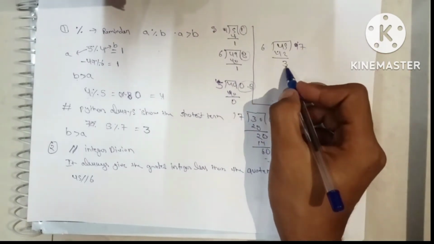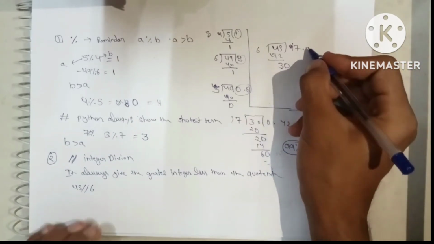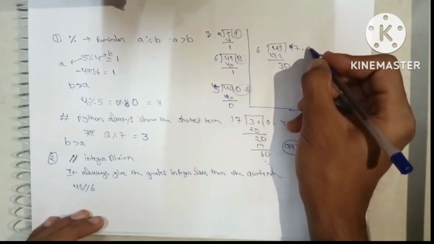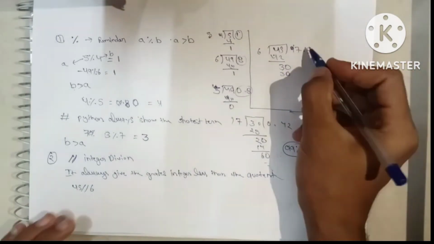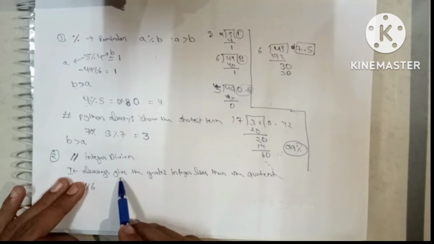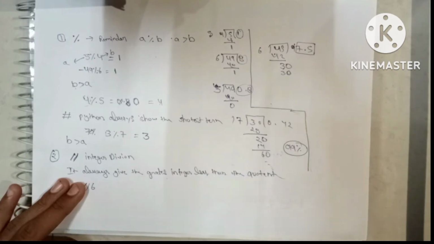Okay, now it's 3. If I am taking a point, then 0, then 6 5 30. So our answer is 7.5. But what is the definition? It always gives the greatest integer less than the quotient.